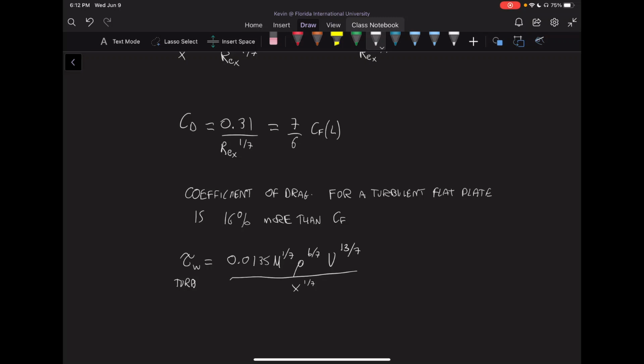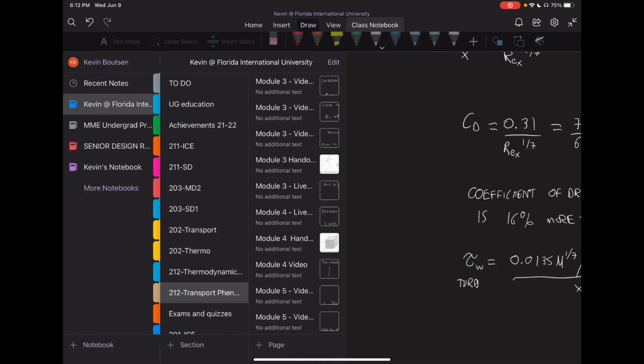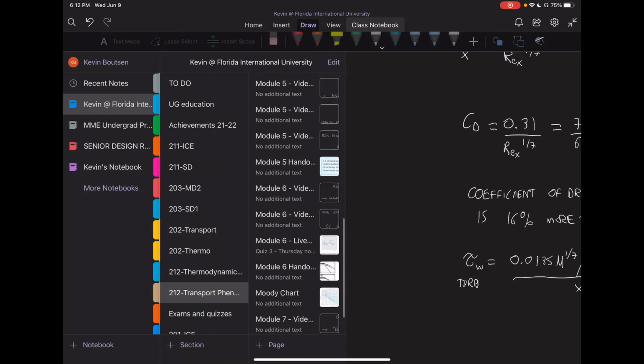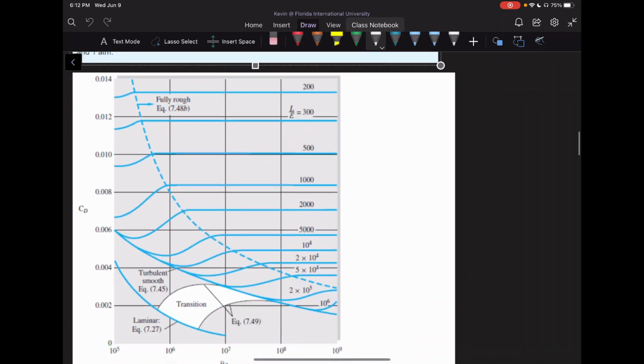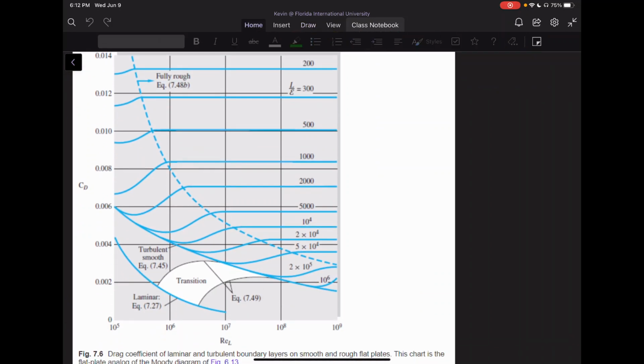Well, we're going to have another chart here, which is the flat plate analog for a Moody diagram. It's exactly the same thing, but for flat plates. We're going to copy it over. In your book, it's figure 7.6. So I'm going to copy over figure 7.6, which is shown right here.